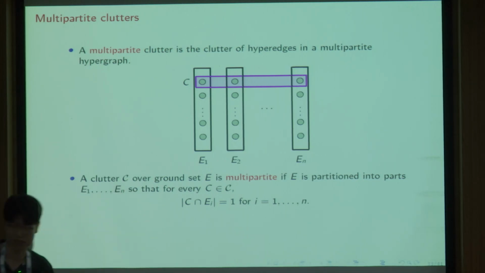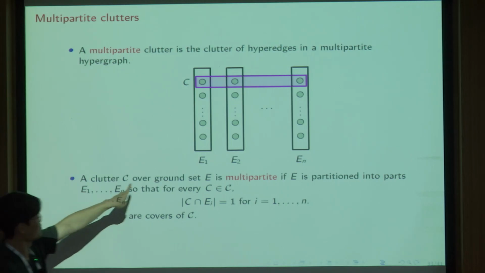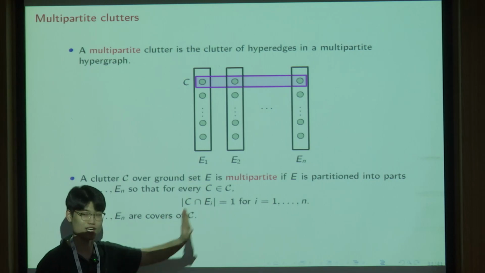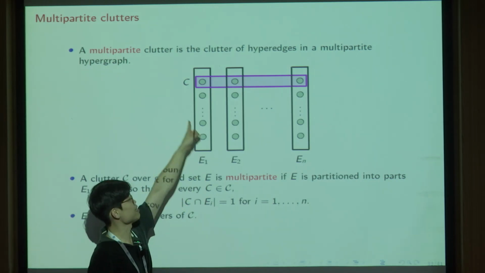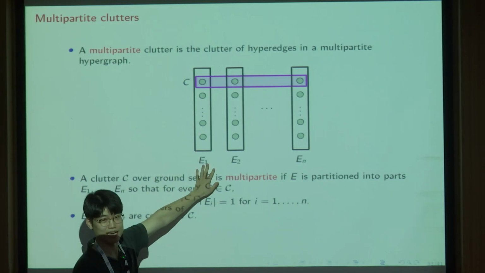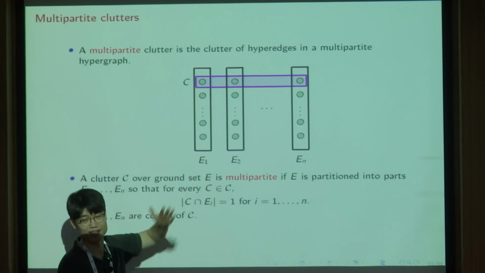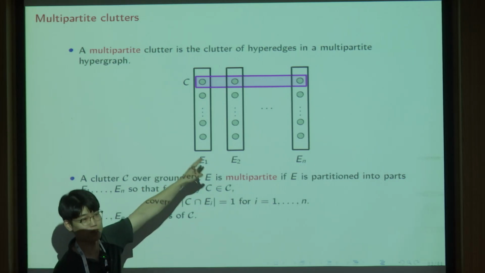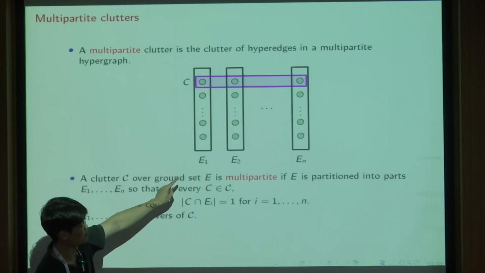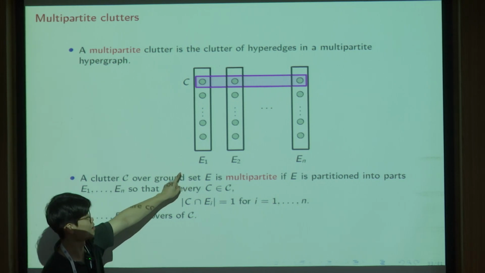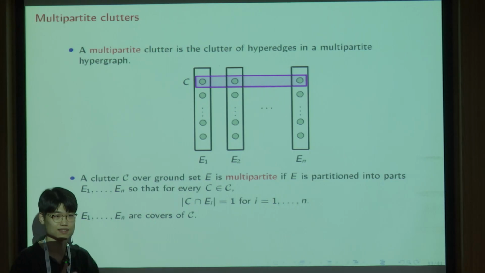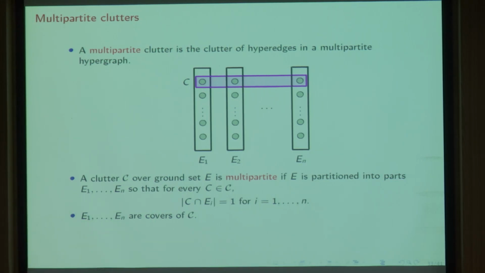Then I call the clutter multipartite. Then each subset gives you a nice cover. If you have many elements in this set, then maybe the clutter has a high covering number. There could be other covers as well, but at least from this point of view, the natural covers are these subsets, and they have large cardinalities.